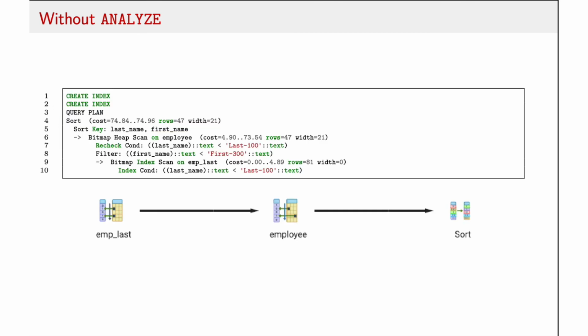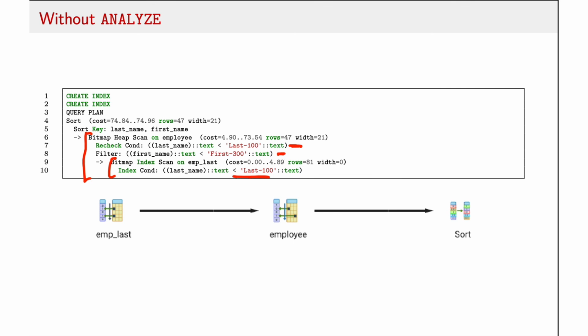You can see that, again, at the lowest level here, we're doing a bitmap scan on employee last name to check that comparison. And then we're doing a bitmap heap scan on employee. And we're also checking to see if the last name works properly as we did before, the recheck. And then we're filtering on the first name.